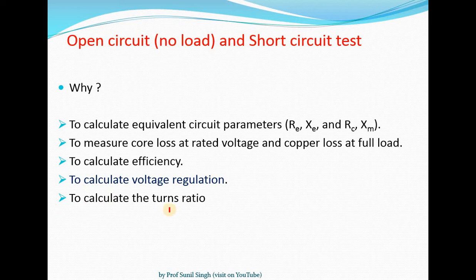And the third one, the turns ratio may be calculated. If we measure the voltage at both sides, V1 upon V2 is equal to N1 upon N2. So these are all the objectives of the open circuit and short circuit tests.